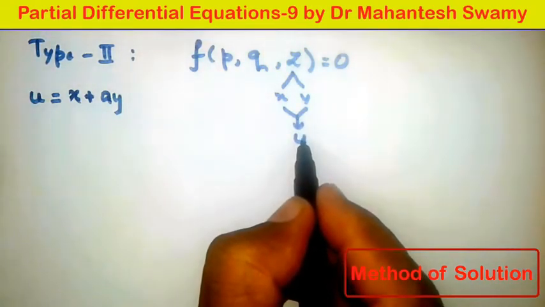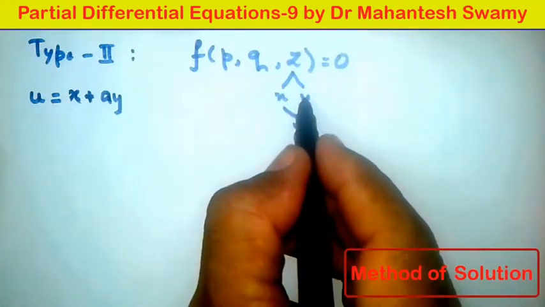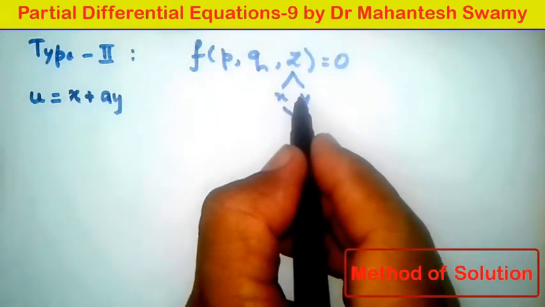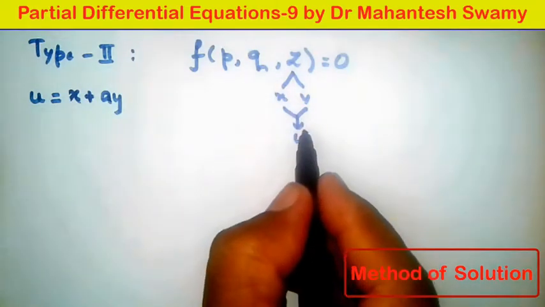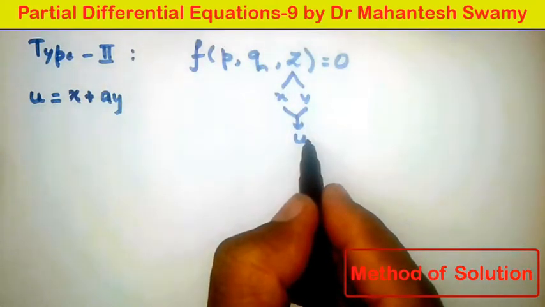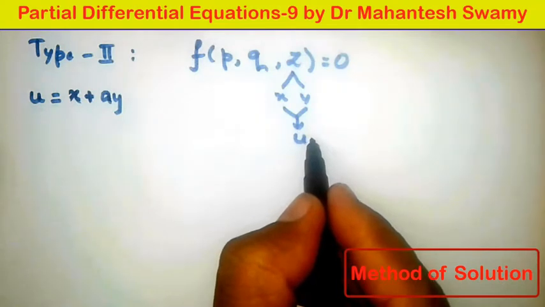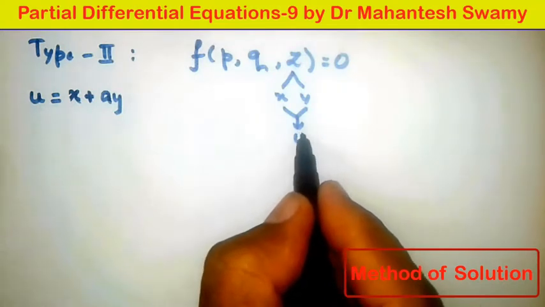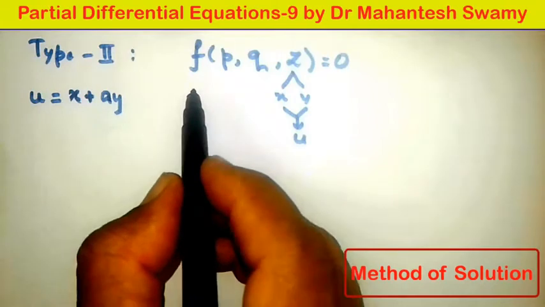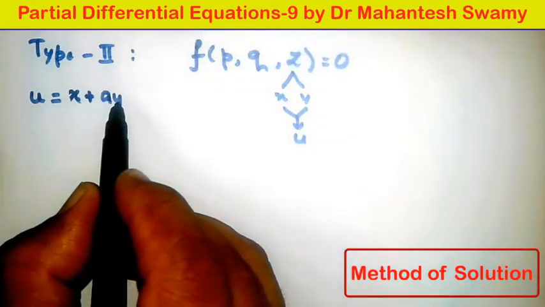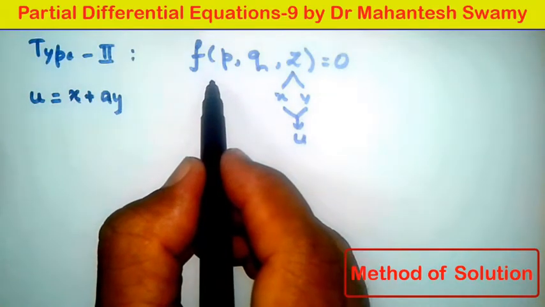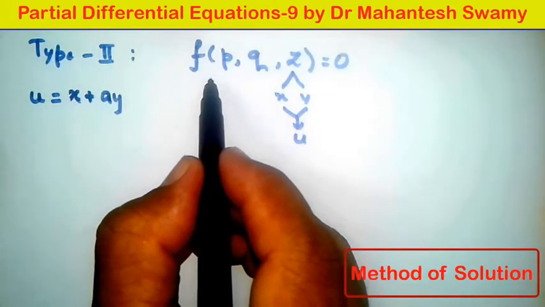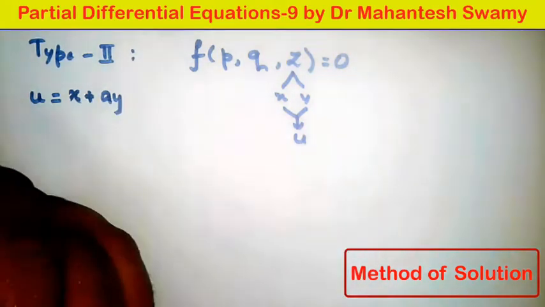Whenever there is more than one independent variable, we have a partial differential equation. When we have only one independent variable, we definitely get an ordinary differential equation. So the most important objective here is to reduce the given partial differential equation into an ordinary differential equation, and for that we take this substitution.